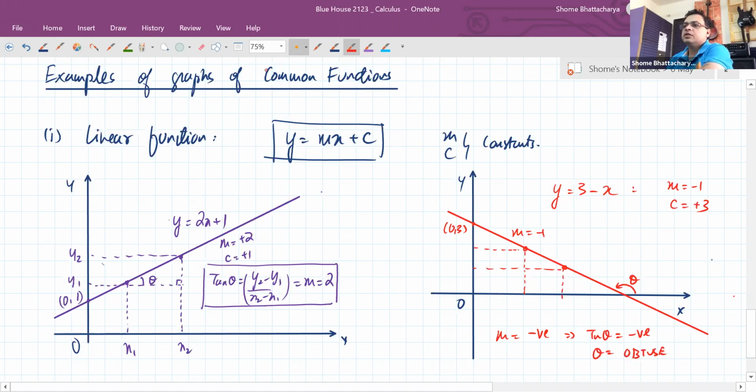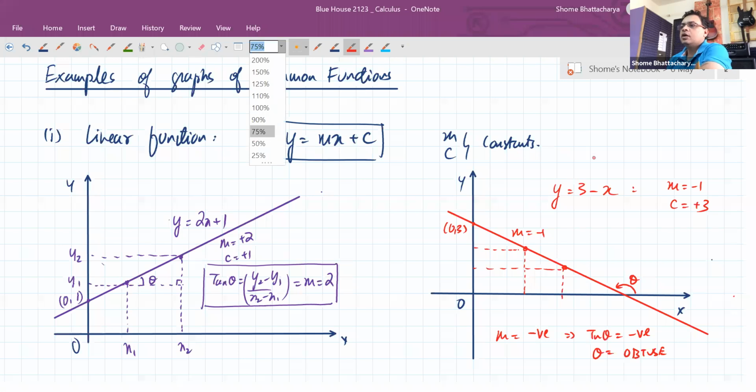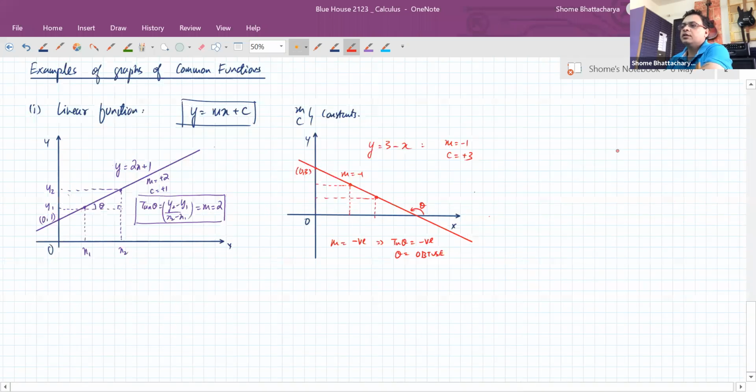You must have done this in trigonometry till now. How do we calculate tan of an obtuse angle? If theta is between 90 and 180, how do we calculate tan theta? Can you tell me the value of tan 150 degrees?